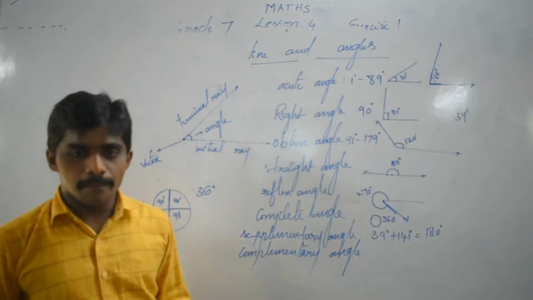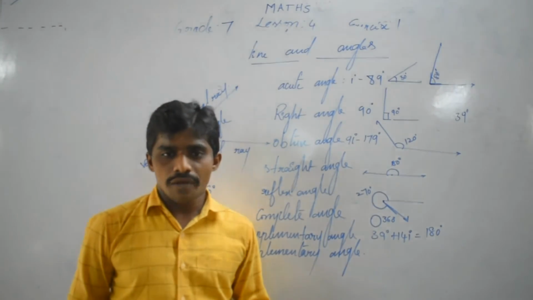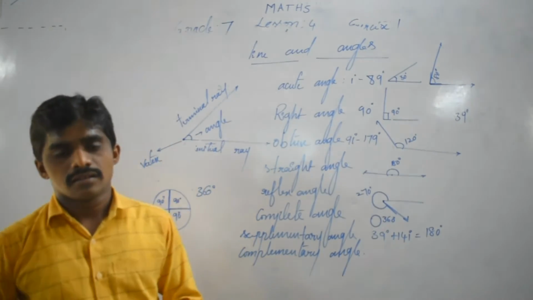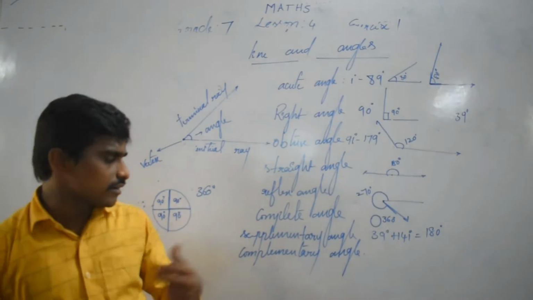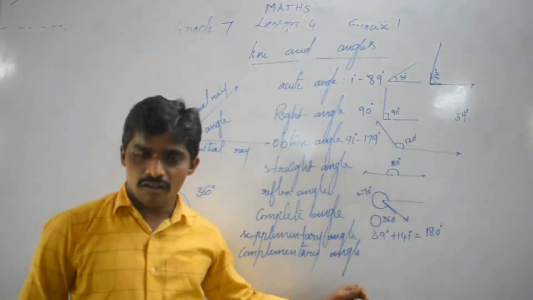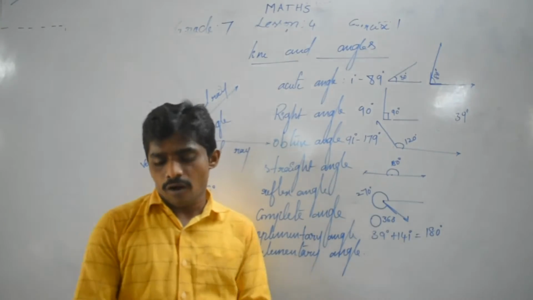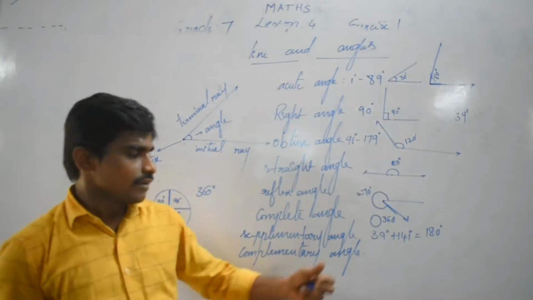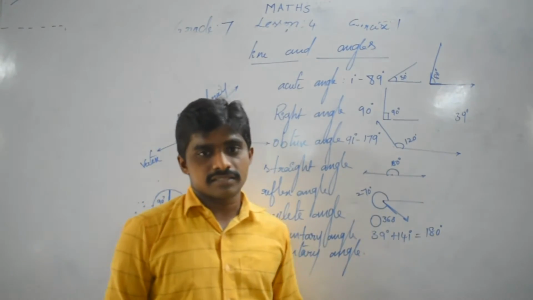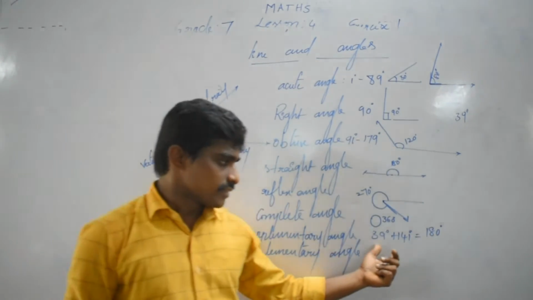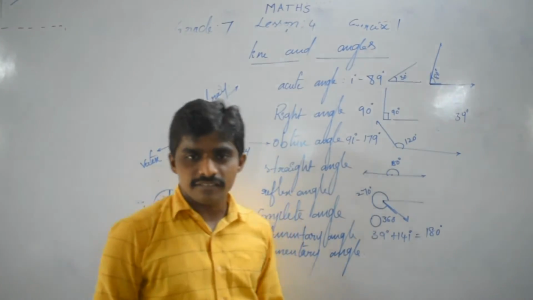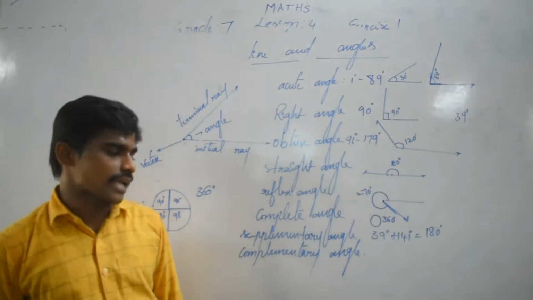So the sum of the two angles is equal to 180 degrees. Those angles we call supplementary angles. So 39 is one angle, 141 is the other angle. These two add up to 180 degrees. So these two angles we call supplementary angles.